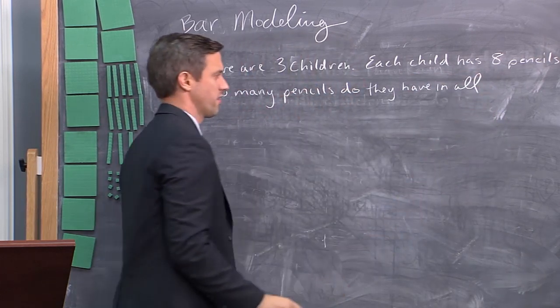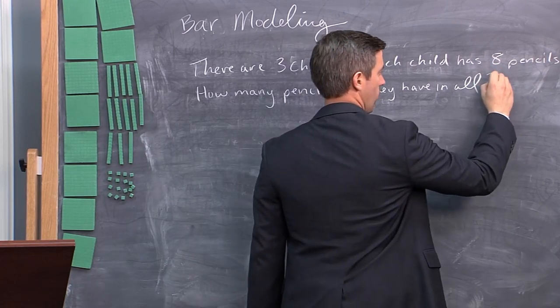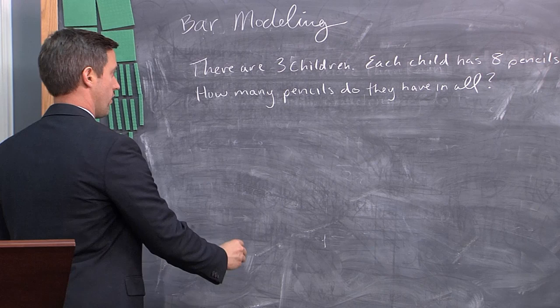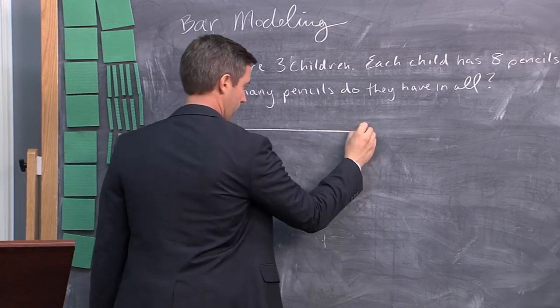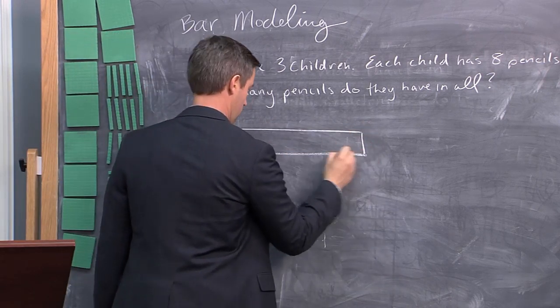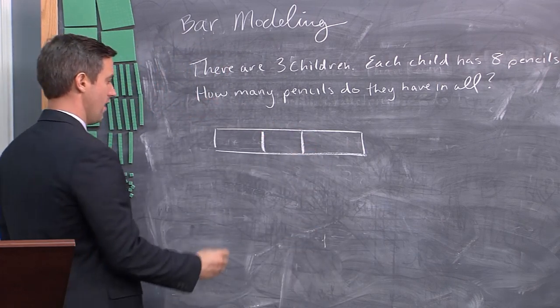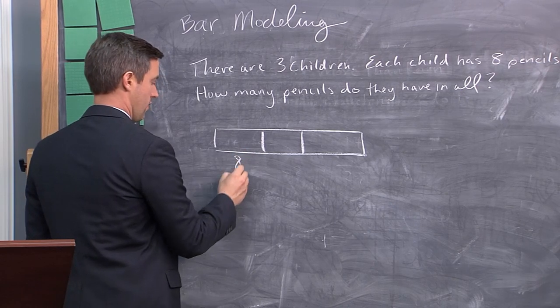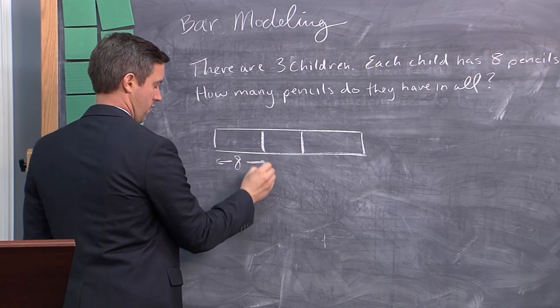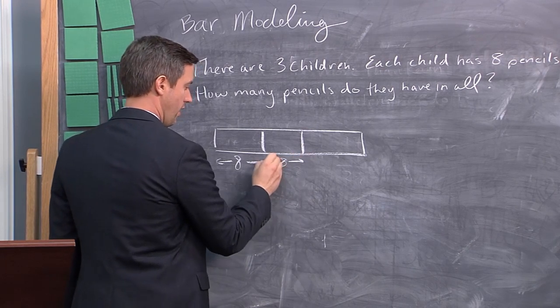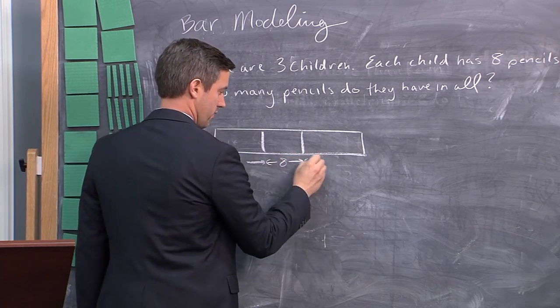I'm going to go ahead and skip the normal walkthrough of the formatting and just go ahead and draw the model for you. There are 3 children. Each child has 8 pencils. I want to note something here. Some students may want to write an 8 underneath each of these.